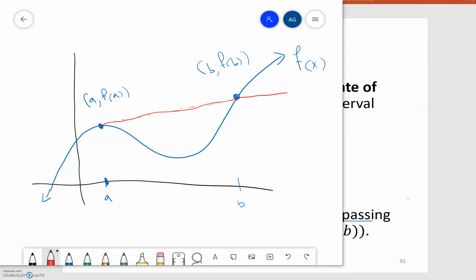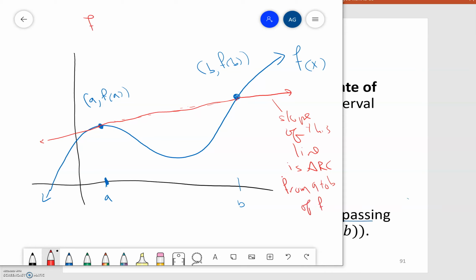And we could let that line continue out here if we wanted to. So this line has a slope. And that slope is the average rate of change from a to b of f.